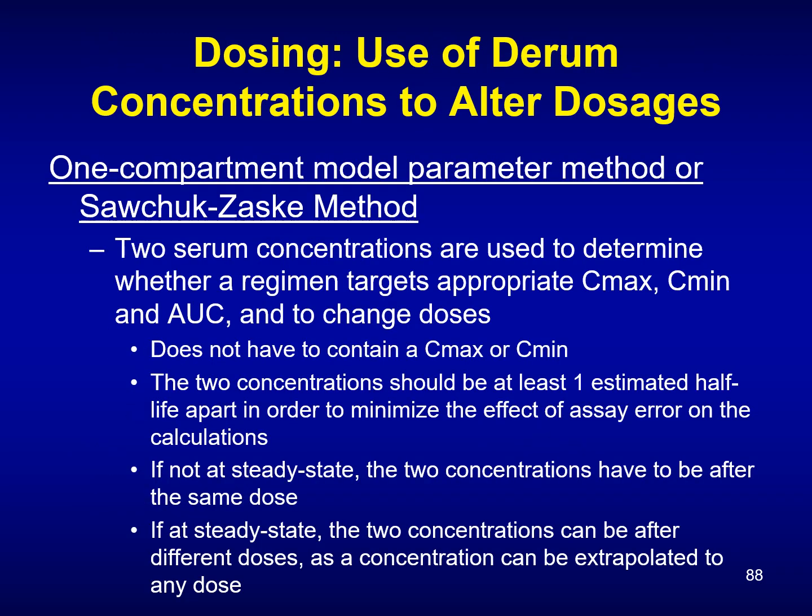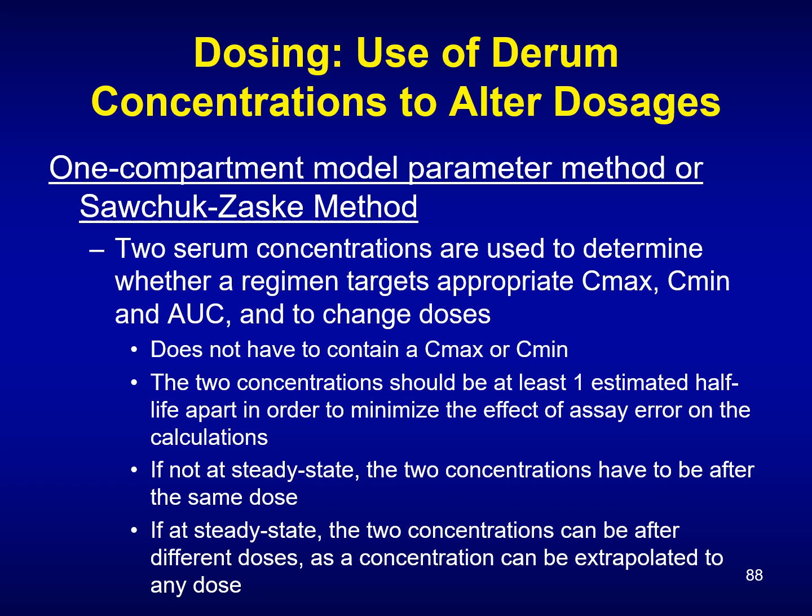The one-compartment model parameter method, or the Salchak-Zaske method, is superior in that it uses 2 concentrations to determine whether a regimen targets the appropriate Cmax, Cminimum, AUC, and to alter dosages. It does not rely on having a real Cmax or Cminimum, as long as the 2 concentrations are at least 1 estimated half-life apart, so we can minimize the effect of assay error on the calculations.